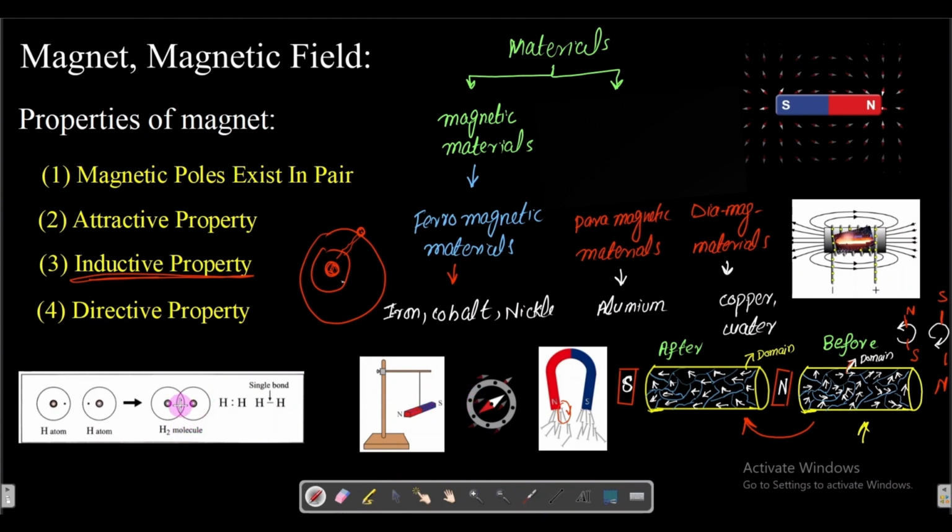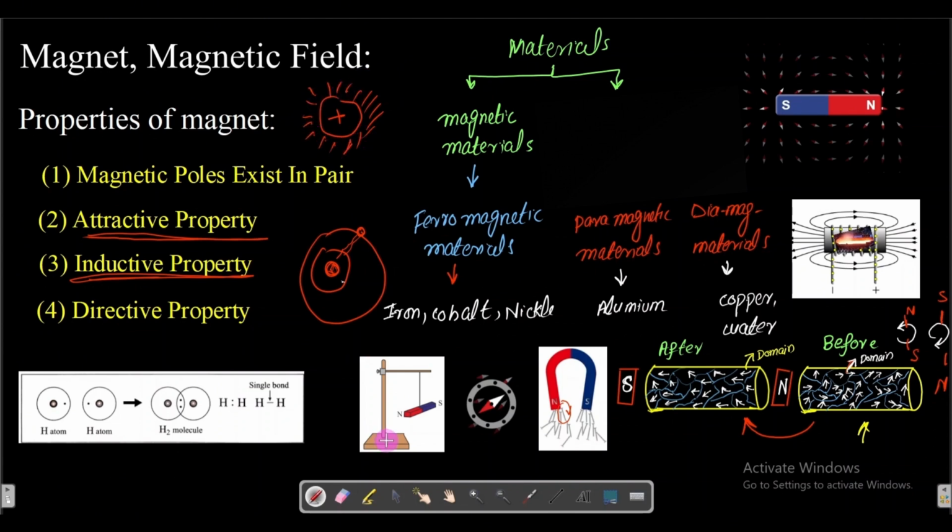Now, we discussed the attractive properties of the magnet at the start of this video, and the last part of this video is related to magnetic poles existing in pairs. It means that if we have a charge, let's say a positive charge, this positive charge can exist without a negative charge.